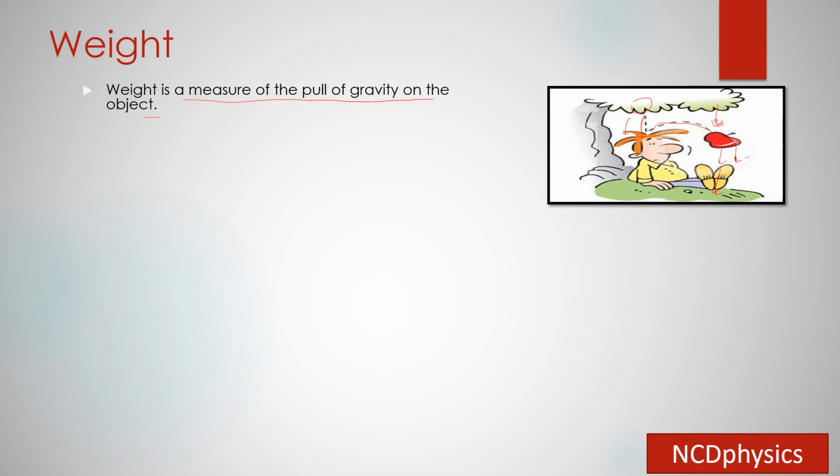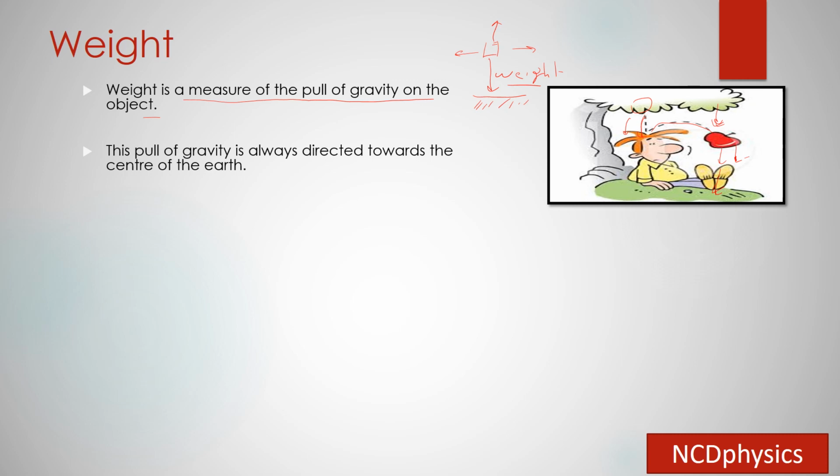For example, if we have an object here and we leave it, it doesn't move towards the right or towards the left or in the upward direction. It moves in the downward direction. Why? Because there is a pull of gravity acting on the object, attracting objects towards the surface of the earth. So that's why the object is moving in the downward direction. So this gravity pull is called the weight of the object.